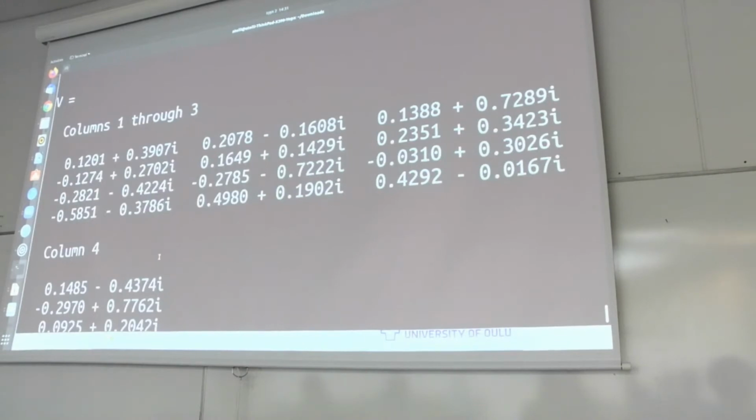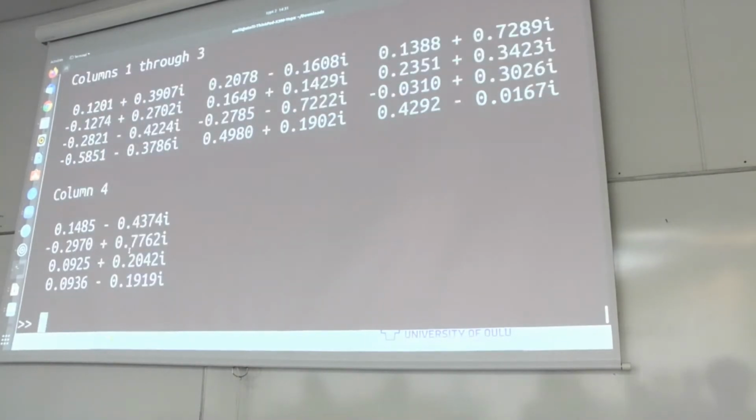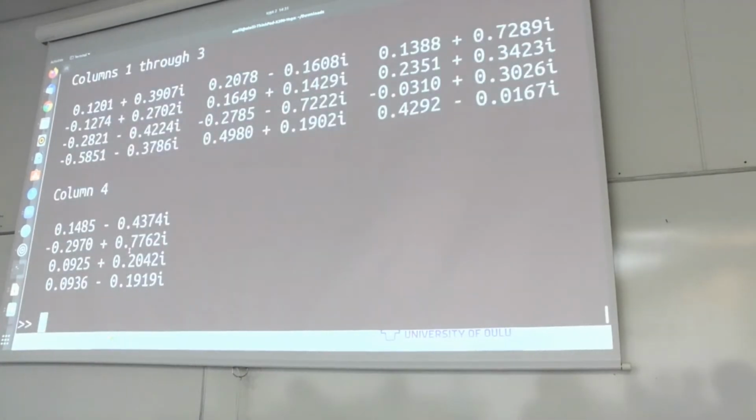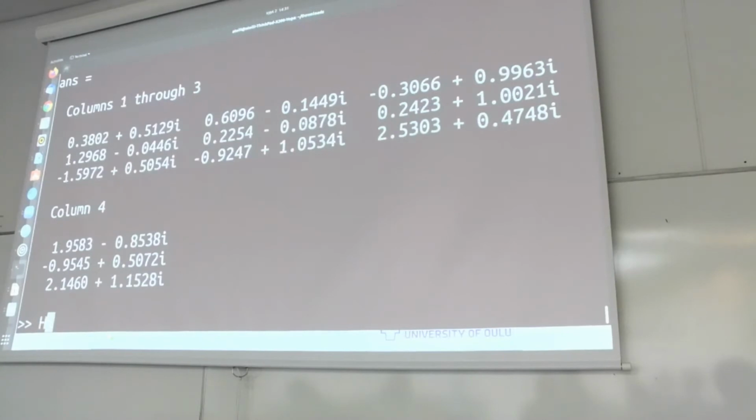But the last column of the V matrix corresponds to the so-called null space. And we can recover U times Lambda times V Hermitian, which should be the same as H, right?